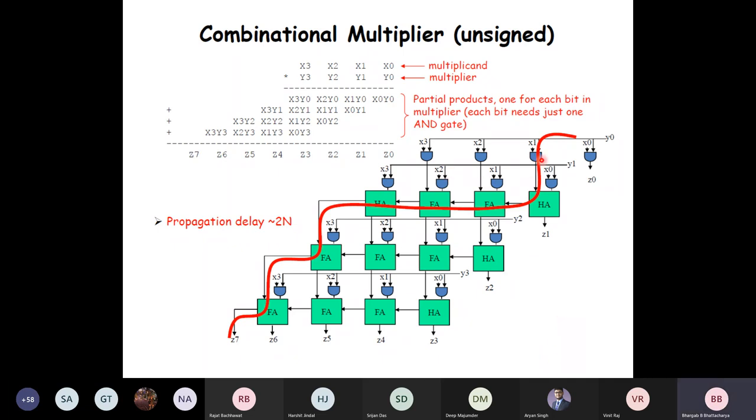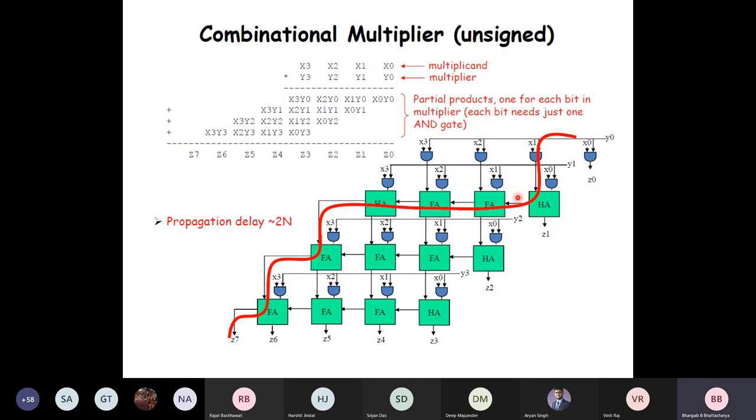All you need is an array of AND gates, feed them appropriately so that it looks nice, with not much crossover of wires, and arrange the adder blocks accordingly so that this addition is performed. Okay.